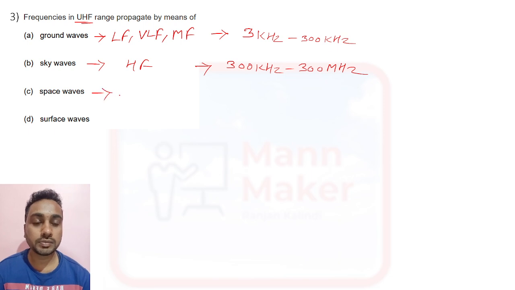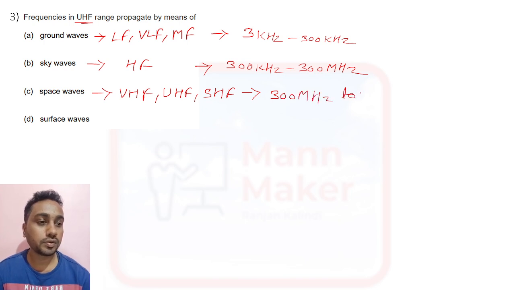And space wave we are using very high frequency, then ultra high frequency and super high frequency, in the range of 300 megahertz to 3000 gigahertz. Okay. So like that you have to remember every point.